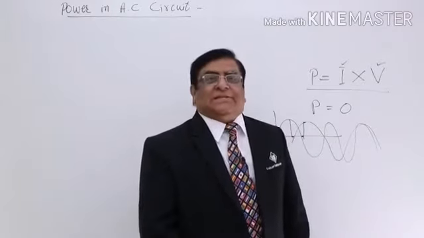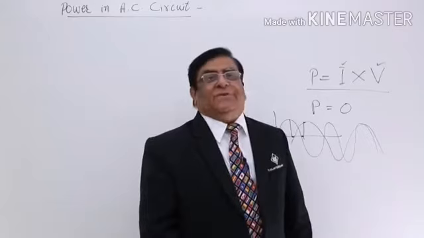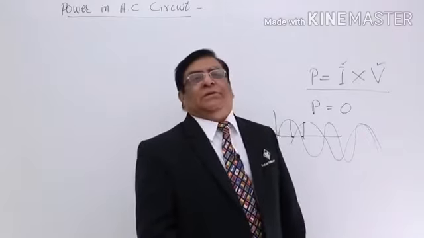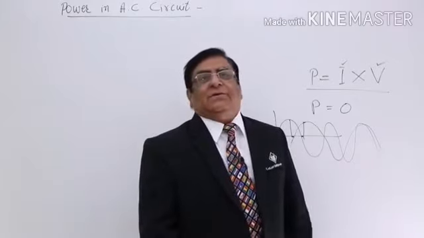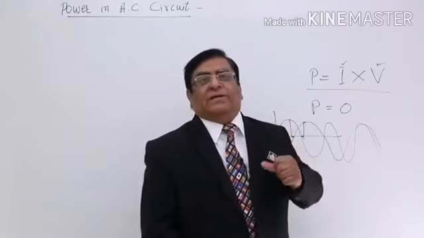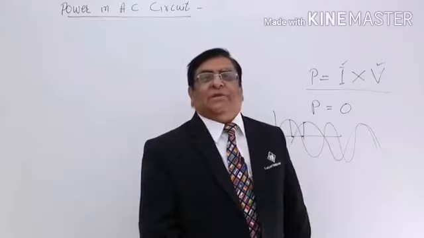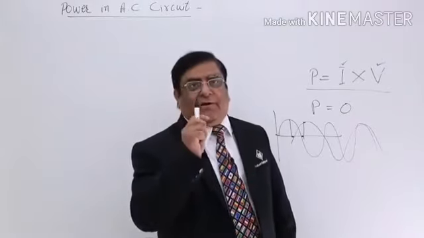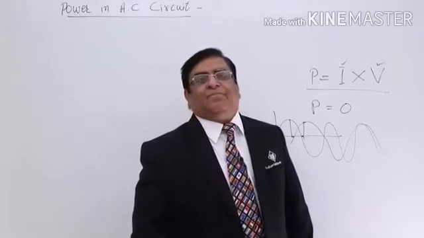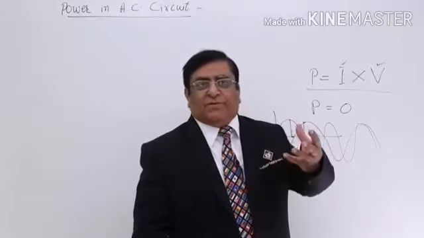Therefore, it is necessary that we know what the relation between V and I should be, so that we get the power, we get the work done. That means if we want our fan to run, to work, then it should consume power.